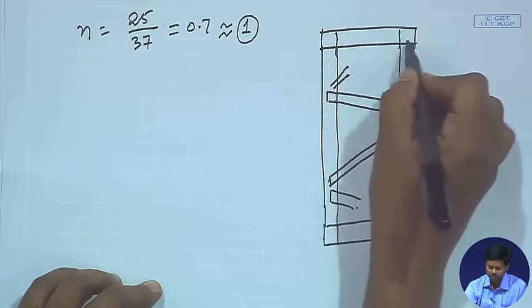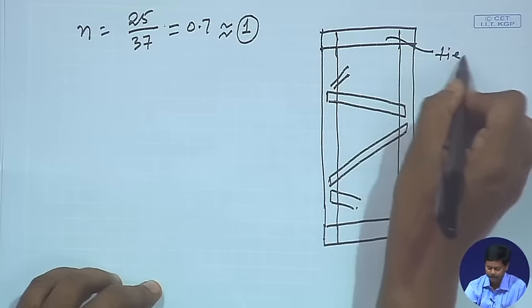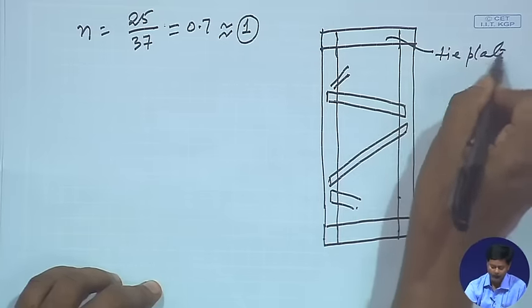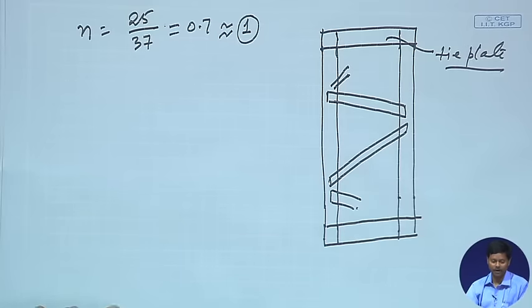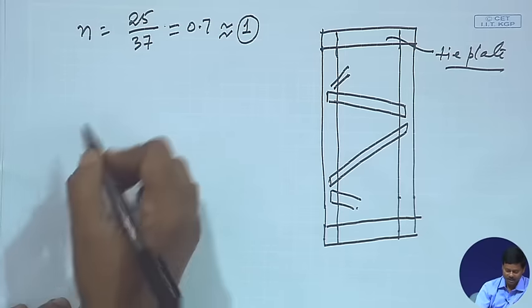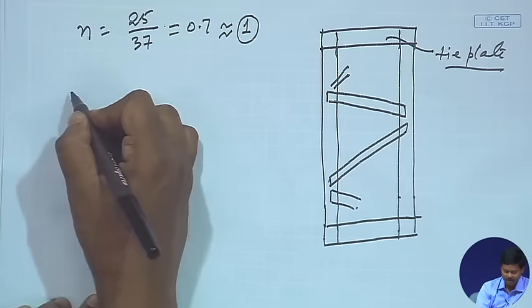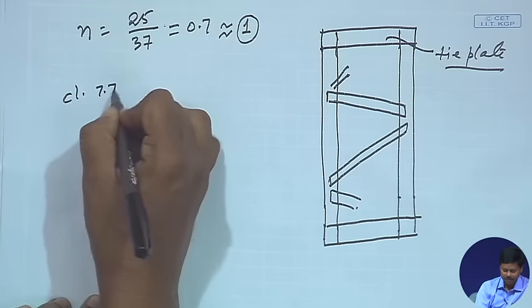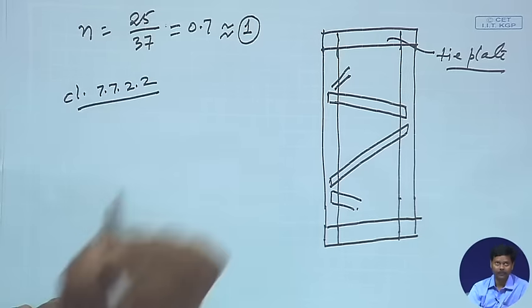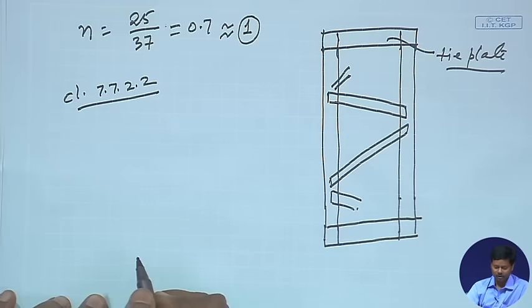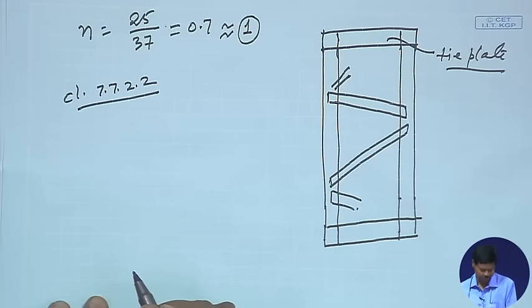This is called tie plate, right. So, we need to find out the dimensions of the tie plate, and the details are given in clause 7.7.2.2, right.